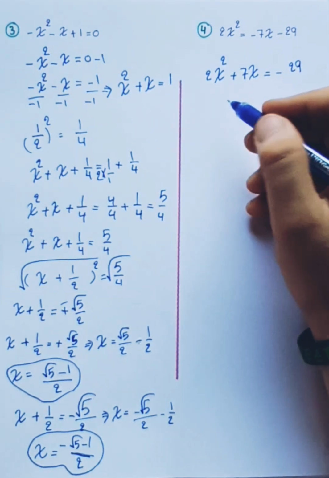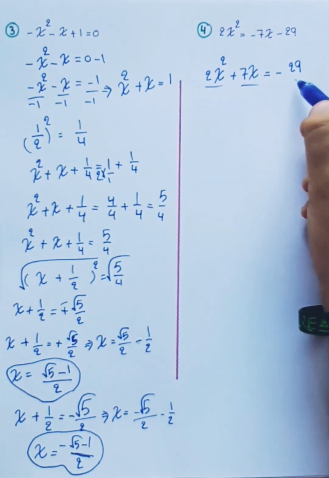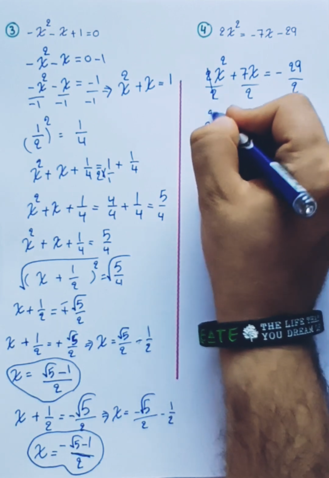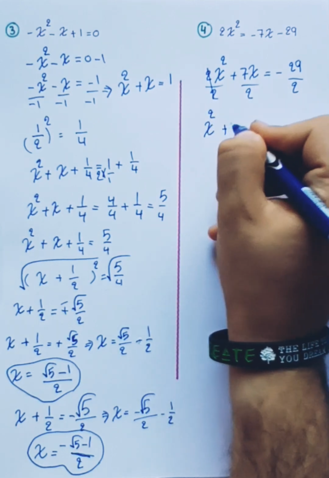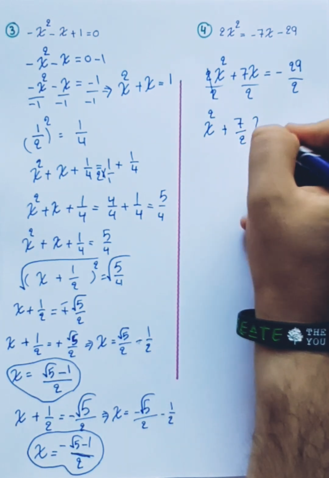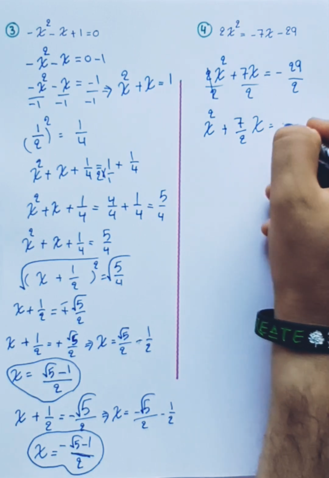After that, we have to get rid of this 2, so you have to divide both sides by 2. These two terms cancel, so x squared plus 7 out of 2 x equal to negative 29 out of 2.